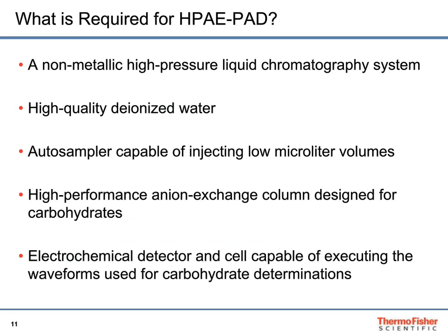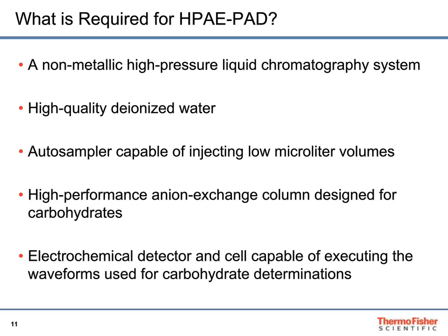We need an autosampler that's capable of low microliter volume injections because for a glycoprotein analysis, we're only analyzing small amounts of sample. And we need a high-performance anion-exchange column that's actually designed for carbohydrate analysis. I'm going to talk about those columns in just a short while. And then finally, we need an electrochemical detector and a cell capable of executing the waveforms we use for carbohydrate analysis. Again, this is an area that Thermo Fisher Scientific pioneered 30 years ago and has continuously improved upon.